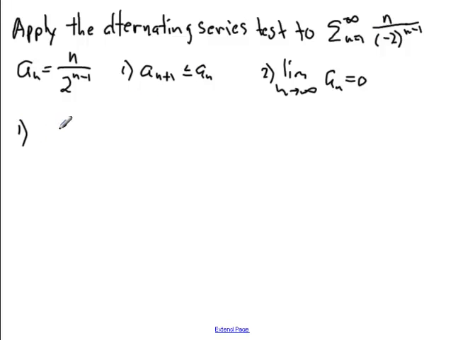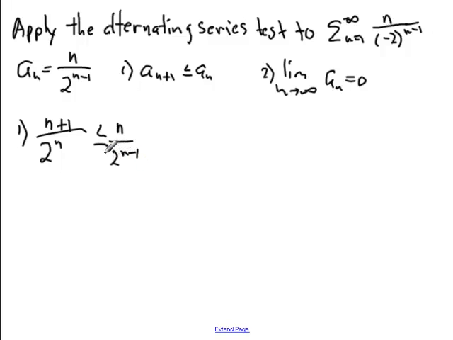For 1, we have a_{n+1}, which is going to be n plus 1, divided by 2 to the n plus 1 minus 1, which is just 2 to the n. That we have to show is less than or equal to the general term a_n, n over 2 to the n minus 1.